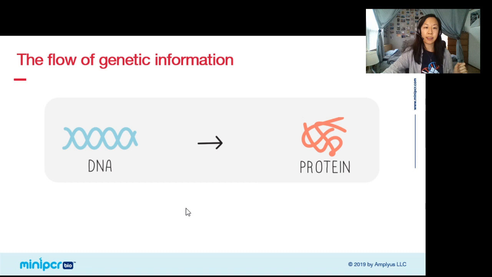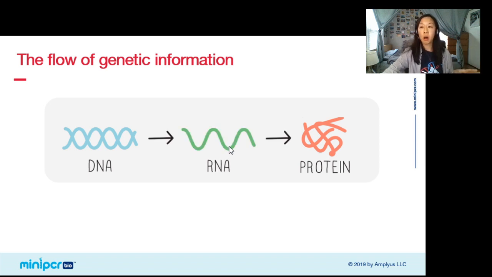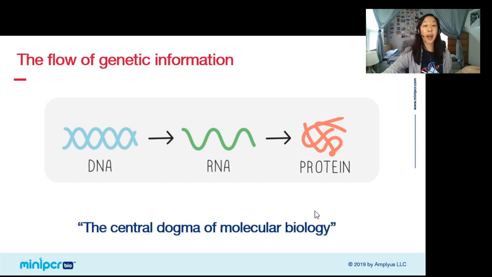But what is reading these instructions and what is building these proteins? There's a middle step with a molecule called RNA, and it's like the messenger. It carries information from DNA to protein. Since this flow of genetic information is so fundamental and so important to how life functions in biology, it is known as the central dogma of molecular biology to indicate its importance. Whenever you hear someone refer to the central dogma, this is what they're talking about.